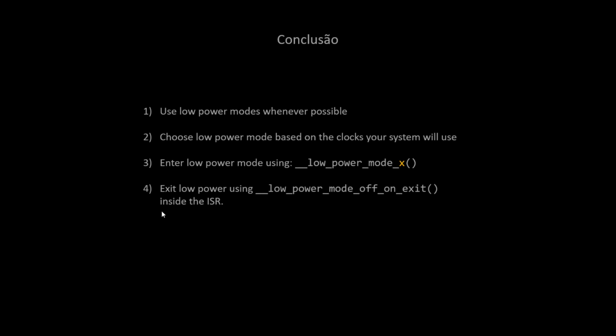You can exit a low power mode during an interrupt service routine by running a macro called low power mode off on exit. I don't think it's very interesting to say what's the mechanism behind this macro, but this is how we do it.